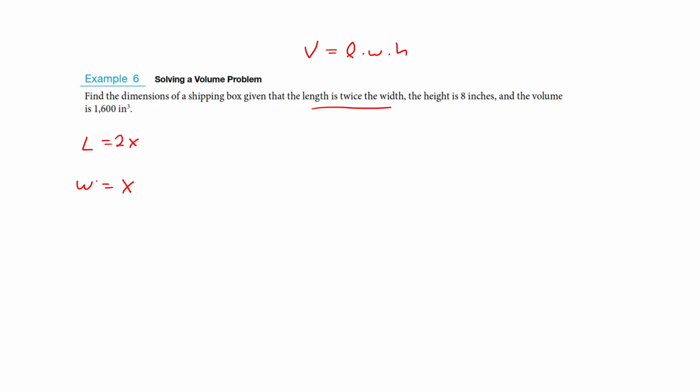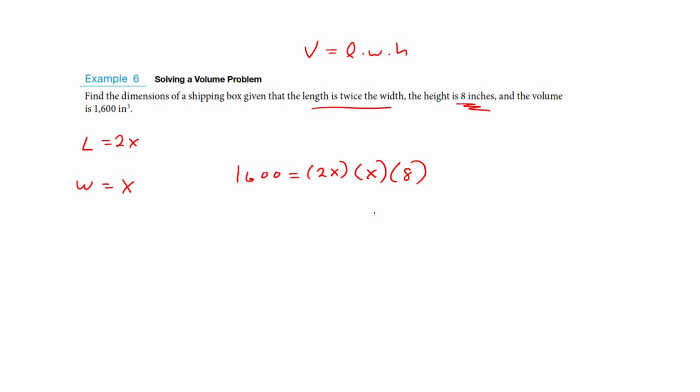So I've got L and W, and we need H, but they actually told us the height is 8. So I'm going to put in my volume, and I'm going to have length, which is now 2x, width, which is x, and my height is 8.